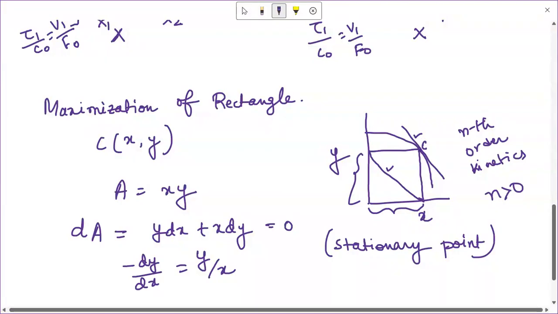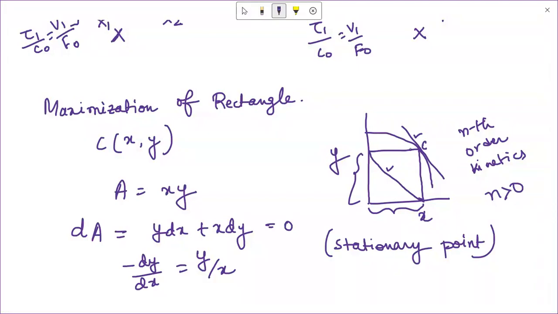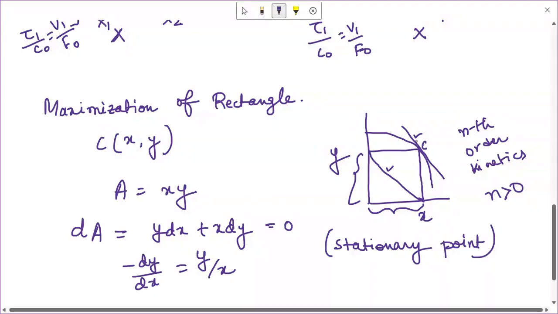There will always be this one best point to maximize the area of the rectangle. So the optimum size ratio of the two reactors that we were discussing earlier will be achieved where the slope of the rate curve equals the diagonal of that rectangle ABCD.